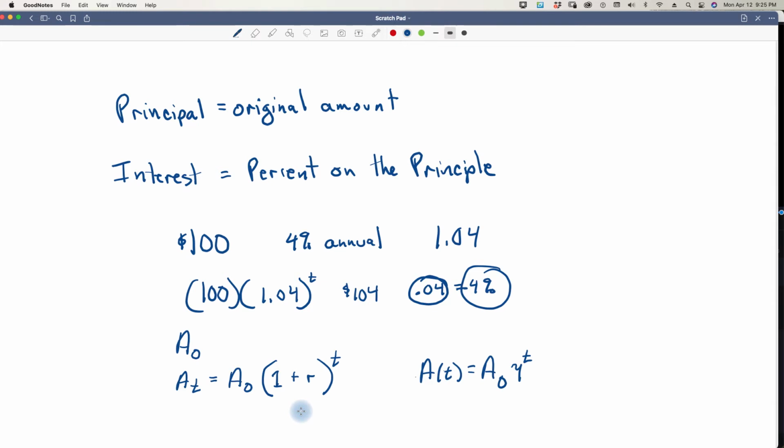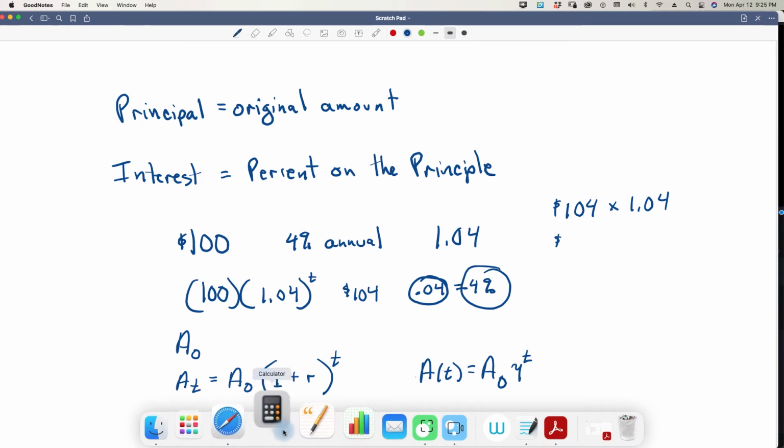The reason we do that is because every year it's not just the original amount that gets the annual interest, it's the total amount. So it's the original amount plus the rate. At the end of the first year you get $104. At the end of the second year, that's times 1.04 again. So let's pull up our calculator.